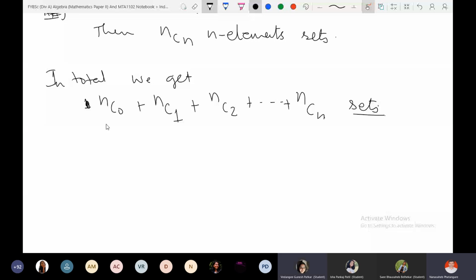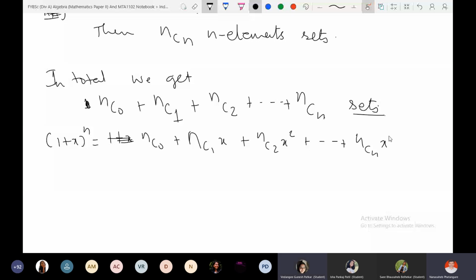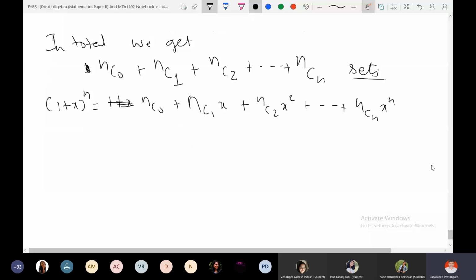Why? Because if we expand 1 plus x to the power n in binomial expansion, it is n choose 0 plus n choose 1 x plus n choose 2 x square and so on, up to n choose n x raised to n. This binomial expansion of 1 plus x raised to n is valid for every real number. It is not special about any particular x.